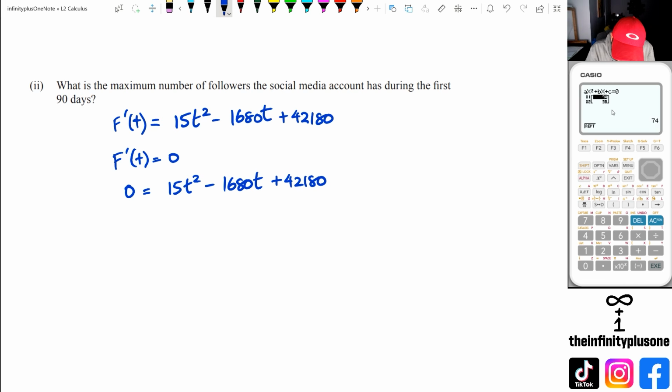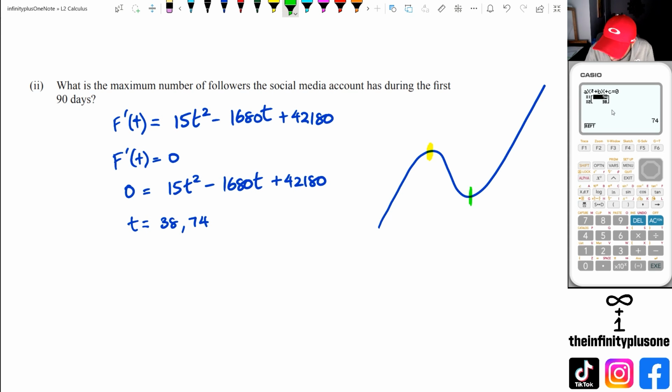So t is equal to 38 and 74. If you think about the original graph, it was a cubic, so it looks like this, which means our local maximum is going to be there and our local minimum is going to be there.